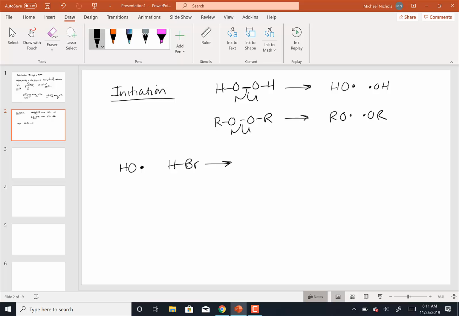What radicals do is they abstract hydrogens. That's why they're really important in biochemistry, because we don't want that to happen.